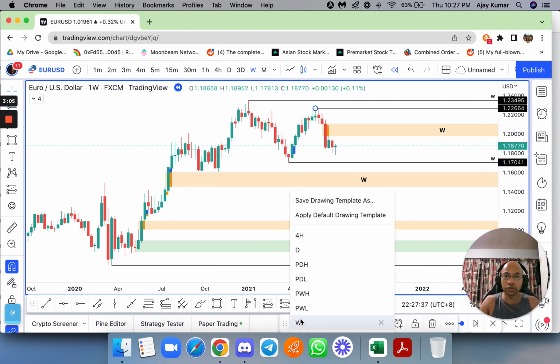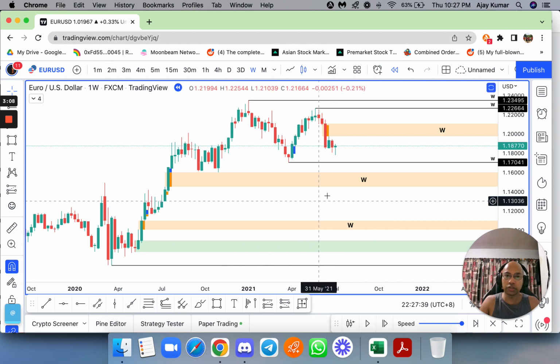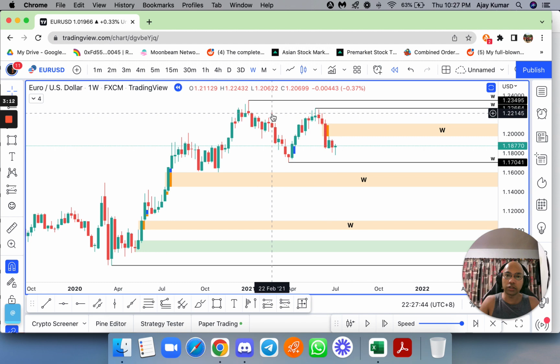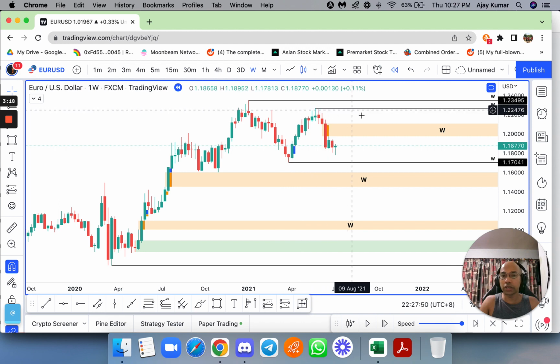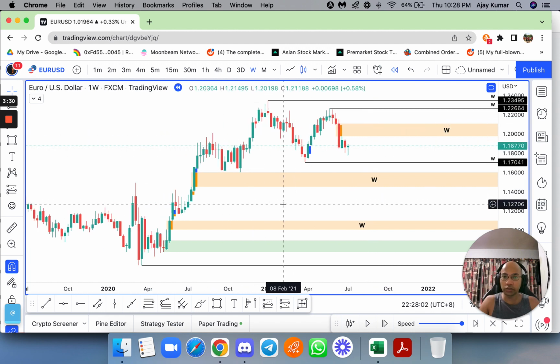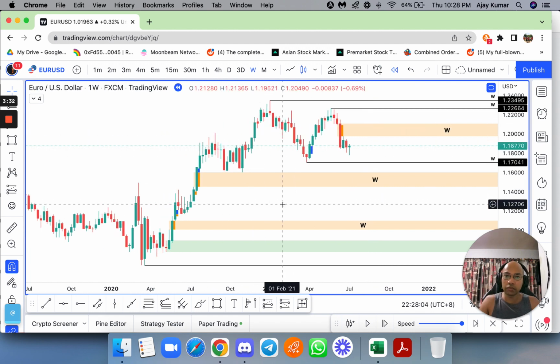Even though those two pivots are quite near to each other, I still feel this is a significant pivot because there's a wick here and a wick here. These are almost like equal highs. So there's definitely a lot of liquidity above there, and price might just want to wick up, take out the buy stops and come back down. So it might happen. That's why I'm marking it. Okay, weekly chart is done.